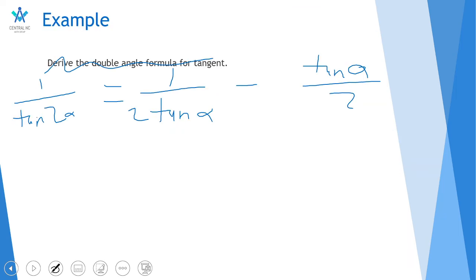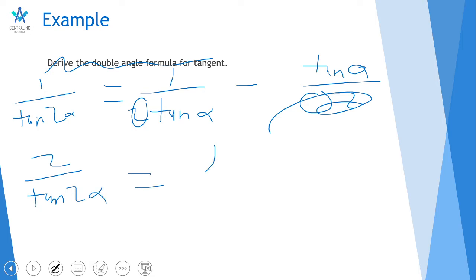Actually, first I'm going to multiply each side by 2 to get rid of these. So 2 over tangent 2 alpha is equal to 1 over tangent alpha minus tangent alpha. And we want it in terms of tangent 2 alpha, so let's reciprocate it again.